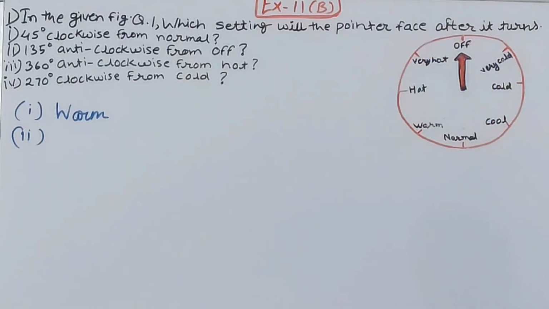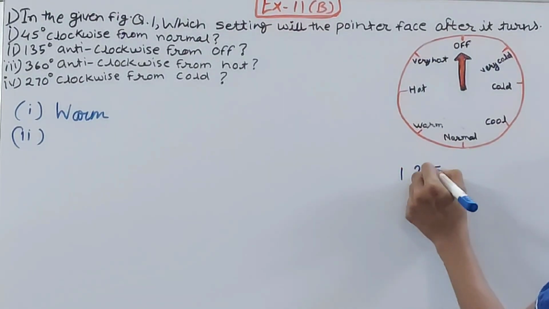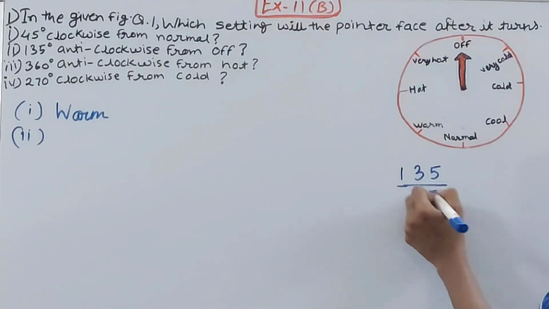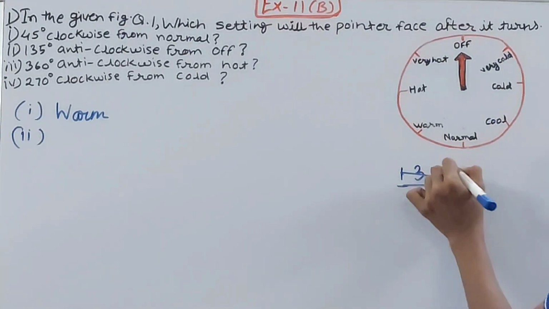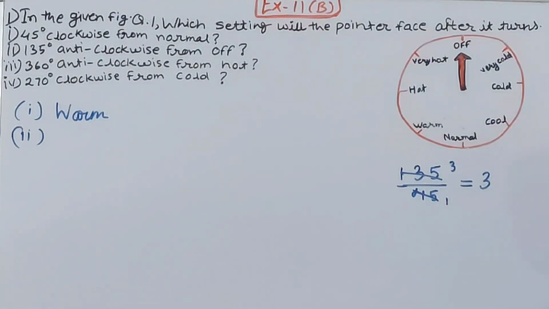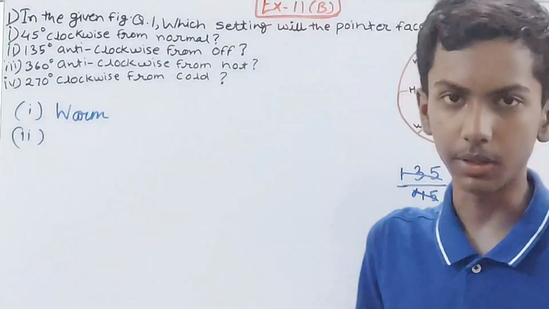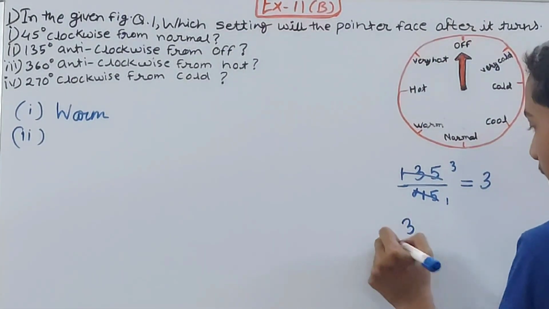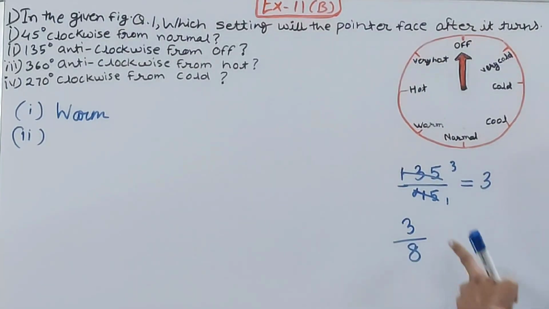135 degrees means what? If you divide 135 by 45, what do you get? 3. So 135 goes 3 times by 45. That means you have to go 3/8 of the revolution. Why?